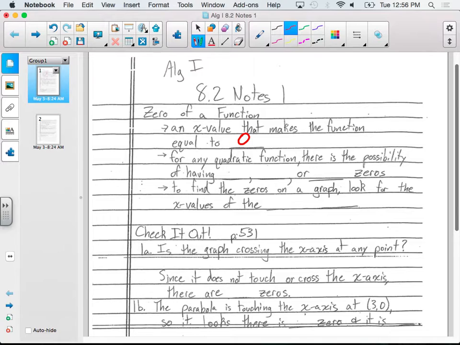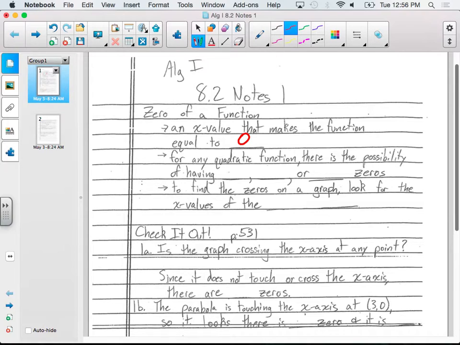So any x that has a y value of 0. Ricky? Would that be anything on the inside of the parabola, right there on the axis? Well, you're close. It would be any point that's on our x-axis. Okay, so wherever our graph either crosses or touches the x-axis, those would be our zeros.